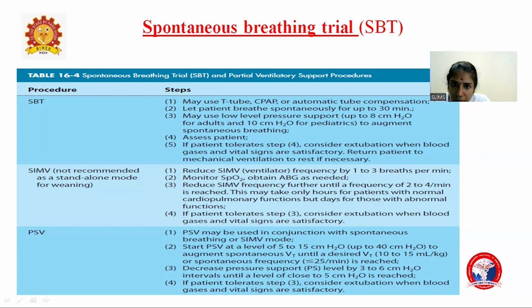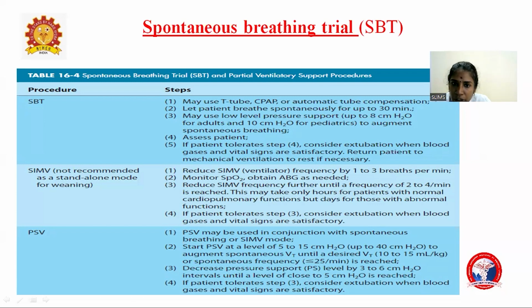Then you can use low level pressure support, 8 centimeters of water for adults and 10 centimeters of water for pediatrics, to augment the spontaneous breathing. Then you have to assess the patient. If the patient tolerates step 4, that is, waiting 30 minutes, then you can consider the patient for extubation. Not only this parameter, we also have to check that the ABG and vital signs are satisfactory.